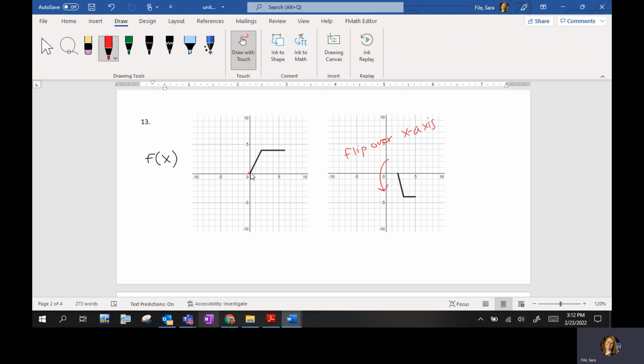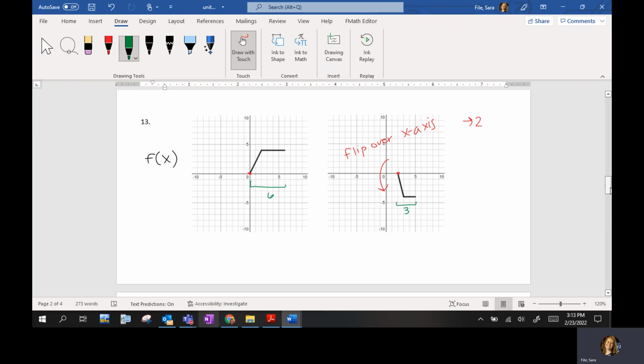Okay, the starting point has shifted right 2. And let's check the width and height. So it started out height of 4, width of 6. This has height of 4, but the width is only 3.